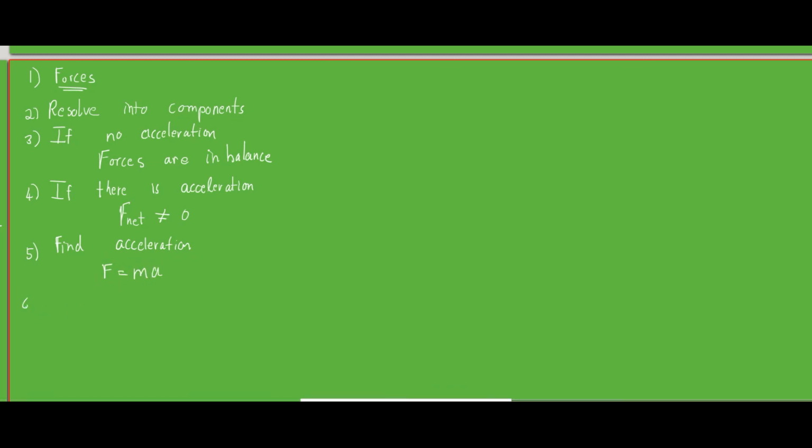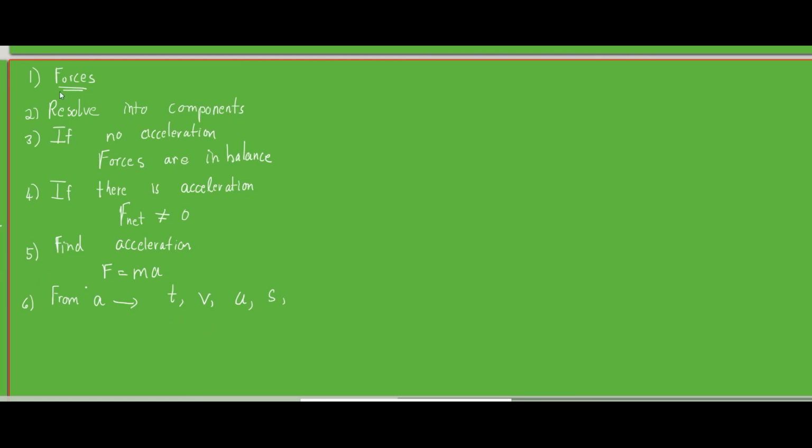Okay, and once you find acceleration, from a you can find out the time taken, your final velocity. If final velocity is given, you can find out initial velocity and your displacement and all this stuff. Okay, so this is basically the flow of solving any problem, and some of the problems given to you might be at any stage between this.